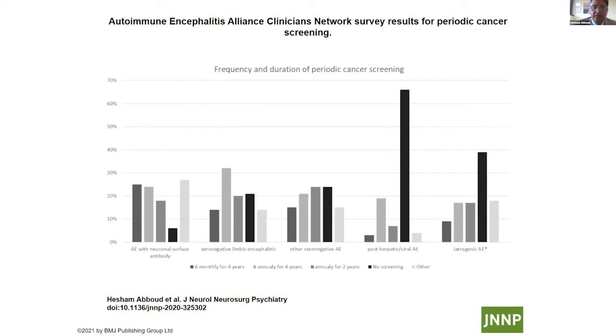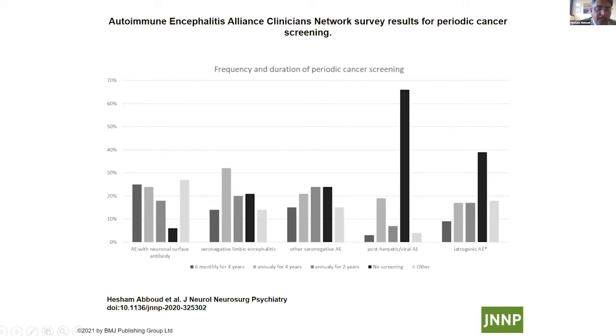Again, because there's no solid data, we included this as one of the questions in our survey to the Autoimmune Encephalitis Alliance Clinician Network members. For that first graph, on your left-hand side, this was someone with autoimmune encephalitis and neuronal surface antibody. How frequently and for how long would you do cancer screening?